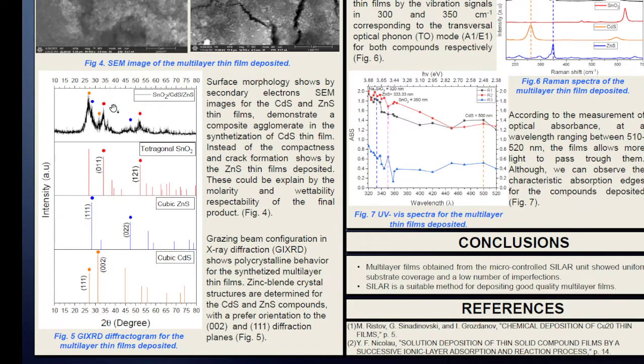For the zinc sulfide and cadmium sulfide, we have a cubic or zinc blende crystal structure, and a preferred orientation to the 002 and 111 diffraction planes respectively. This is a good way to observe that we have the combination of three compounds, and XRD helps us to understand what is happening here.